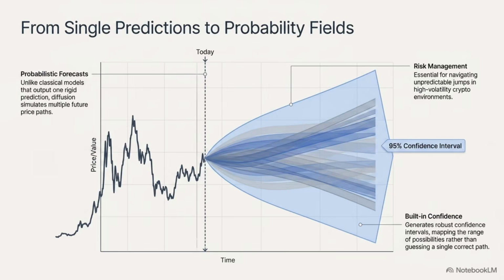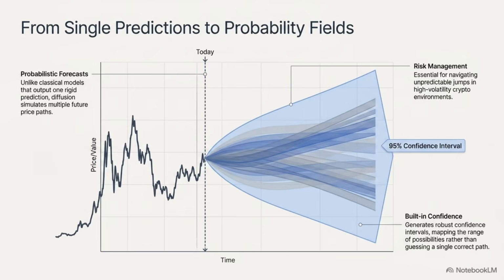Then comes the crucial part. The neural network trains to reverse that specific process. It learns how to denoise the data step by step. By learning how to reconstruct the underlying structure from pure static, it figures out how to separate actual market signals from pure noise. Like random panic selling or a brief FOMO spike. You got it. It isolates the real signal from all that chaos.